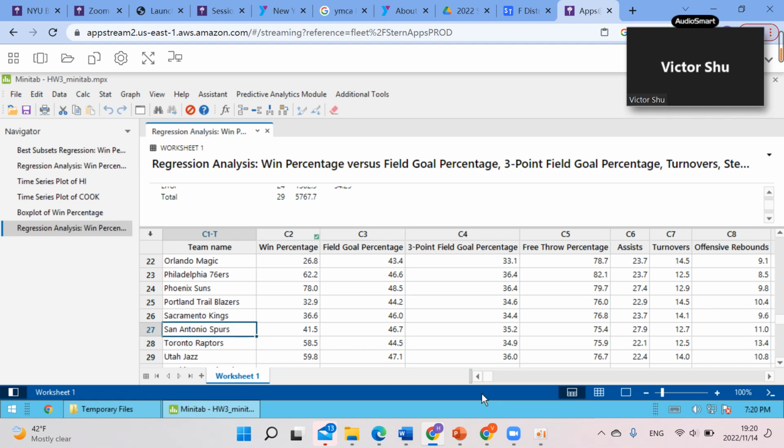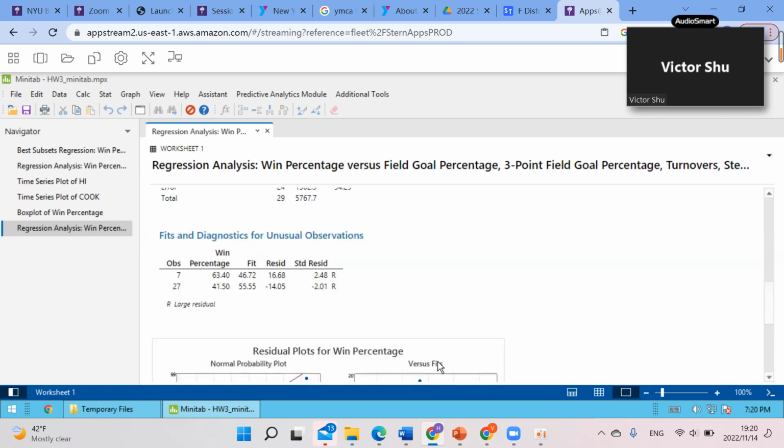Those two observations were flagged unusual by Minitab, but let's see how unusual they are, or what kind of unusual data point they are. They are marked R, and here Minitab has an explanation. R means large residuals, which in other words means they are potential outliers. Sometimes we have another kind of flag.